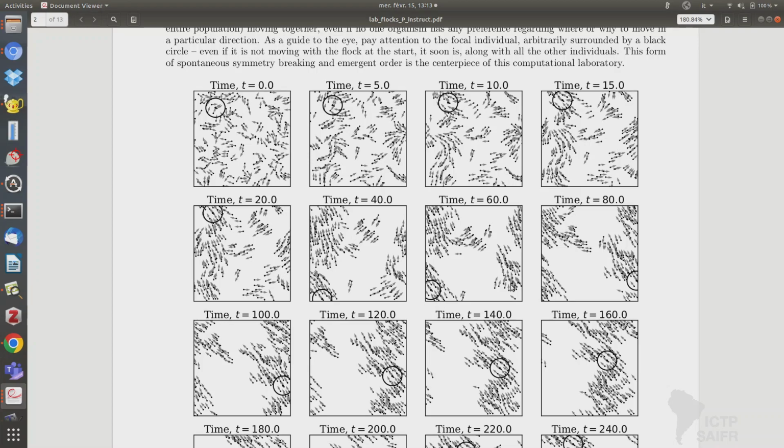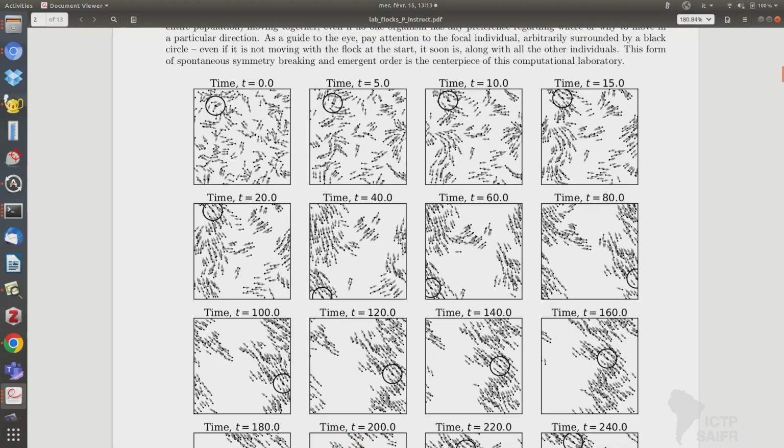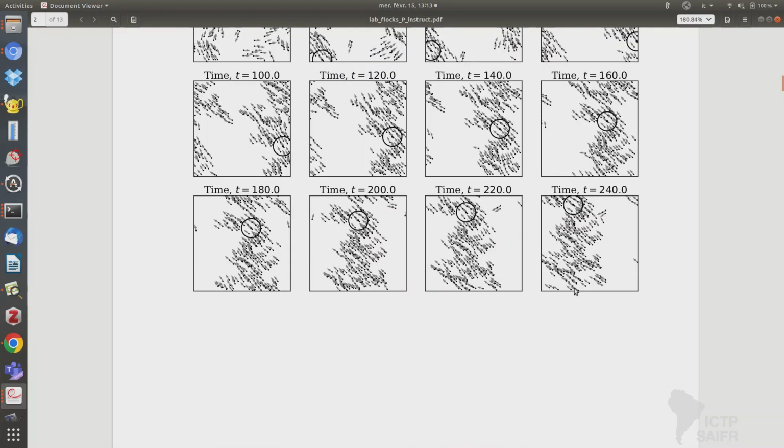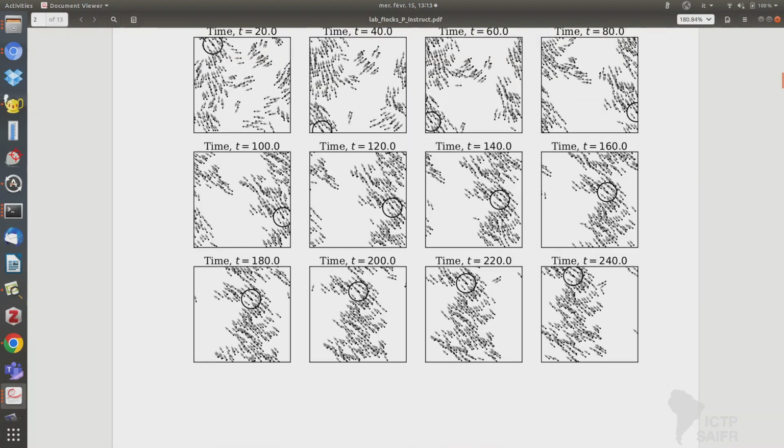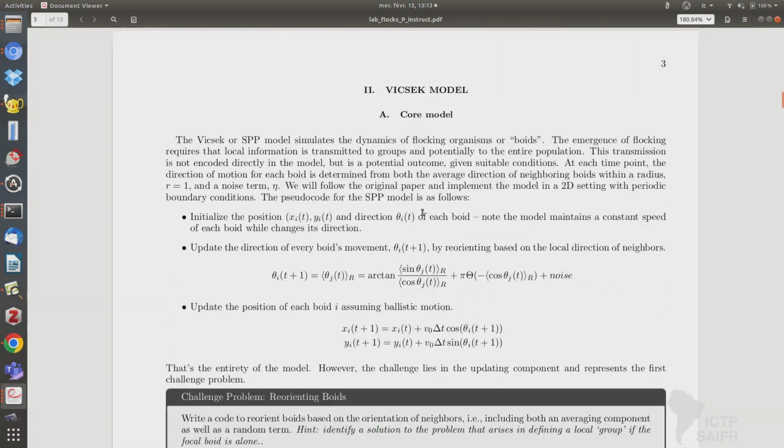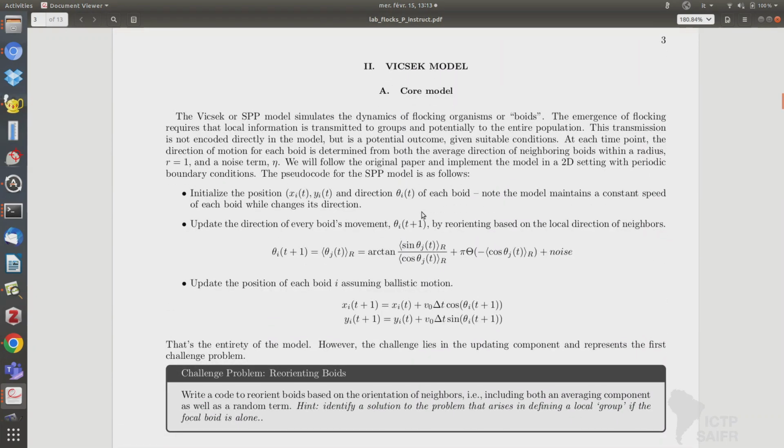A vector in the linear algebra sense of the x and y components. And the rules for the update are presented in page 3, okay? So section 2a. And are you with me? Are you still looking for the handout? Are you here? Okay, good.